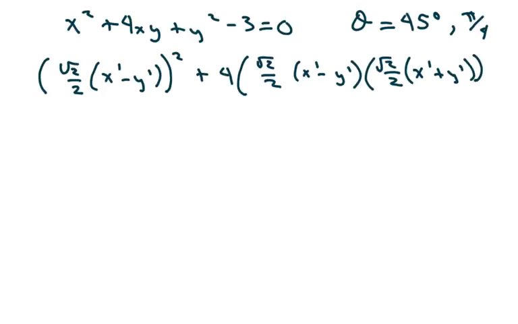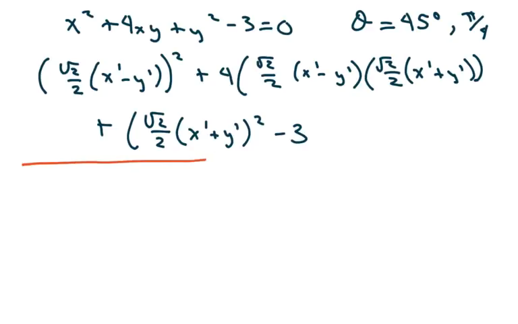And then we have the square part plus square root of 2 over 2 x prime plus y prime squared, and minus 3. So that's all I did was substitute in my x and my y here.